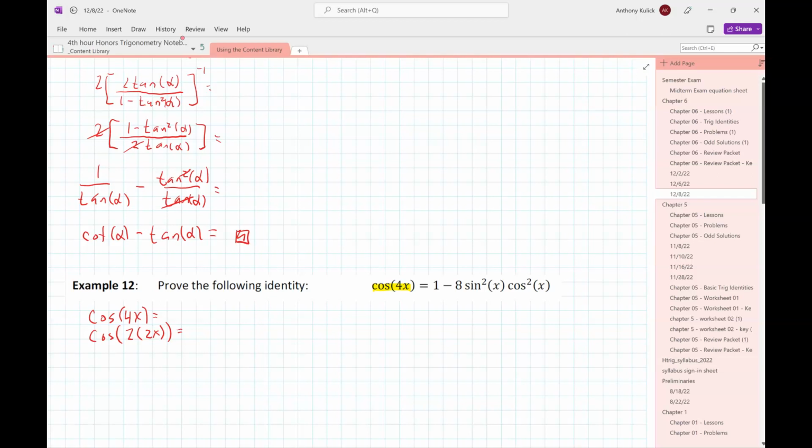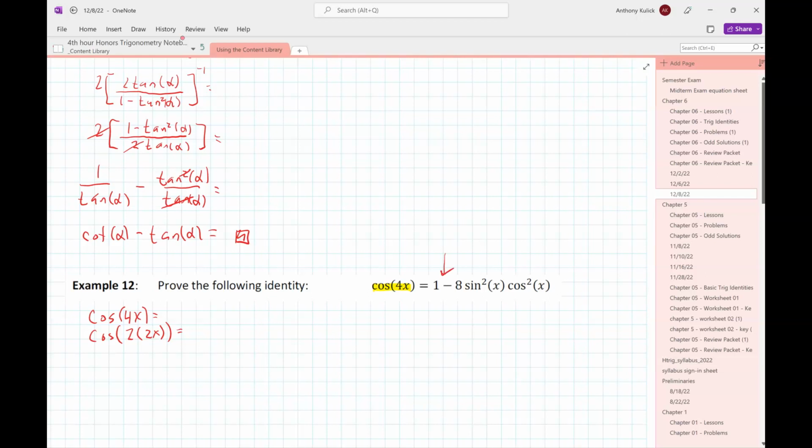Remember the double angle identities for cosine, there's 3 of them that we can choose from. The one that I'm going to choose is 1 minus 2 sine squared x. That's the version I'm going to choose.